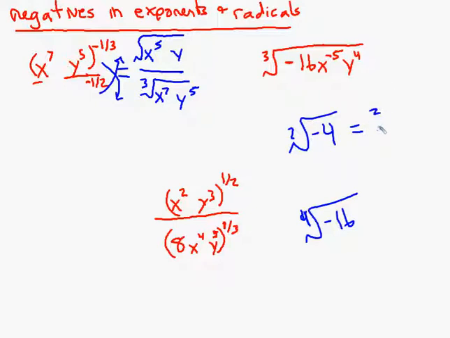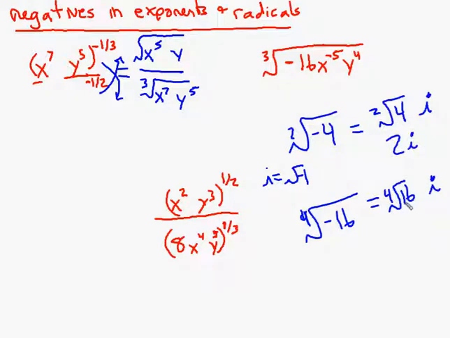So I'm going to have square root of 4, and then I have my i. Same thing here, 4th root of 16, and then I have my i for an imaginary, because i is the square root of -1. So I'm dealing with my negative there. Then the 4th root of that is actually also going to be 2. And then I've accounted for my negative.